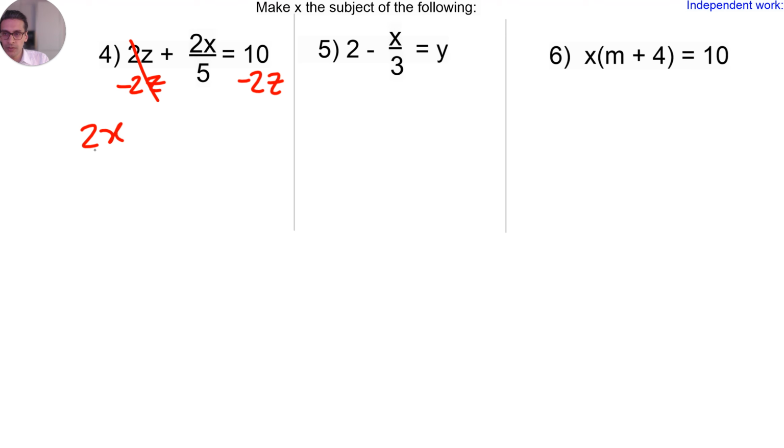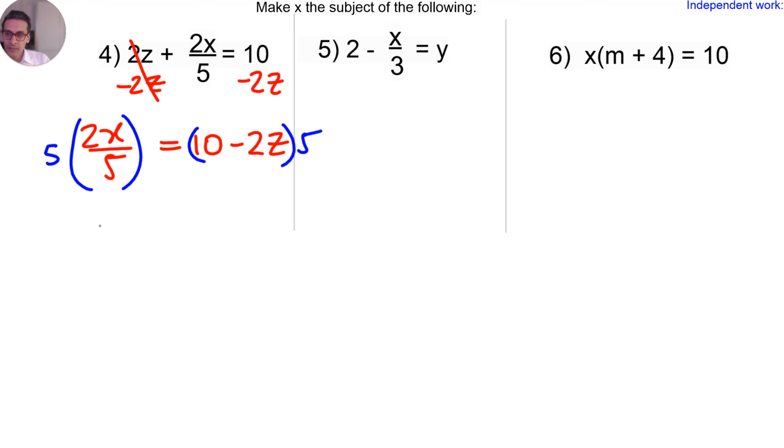So 2x over 5 is equal to 10, take away 2z. I'm going to multiply both sides by 5 because I want to get rid of the denominator and isolate x. So the 5's cancel out, so it's 2x equals, now expand the brackets, 10 times 5 and negative 2z times 5. So 50, take away 10z.